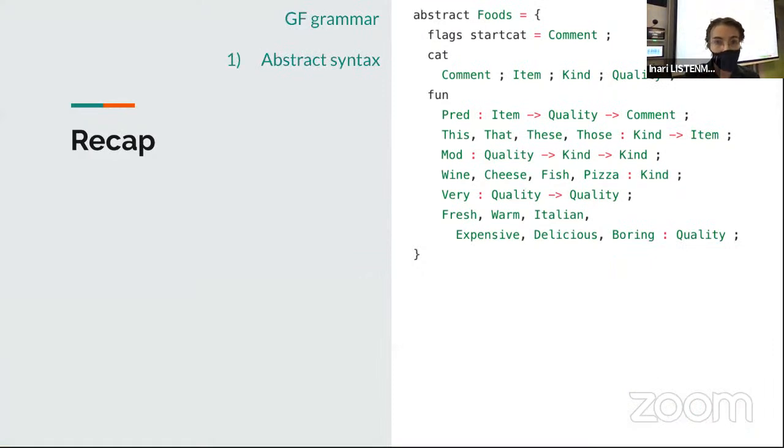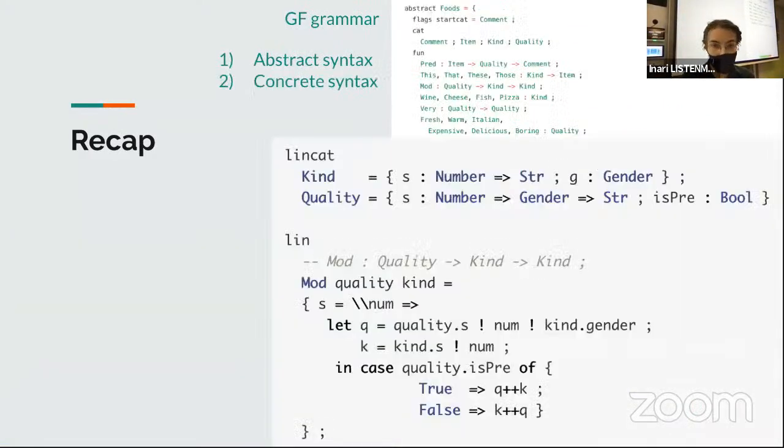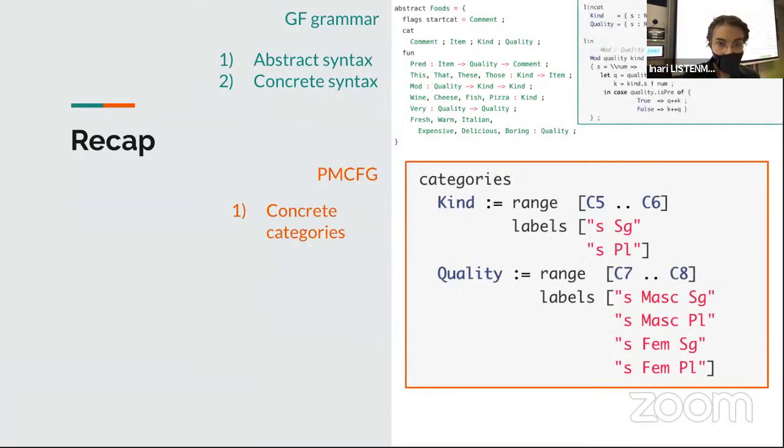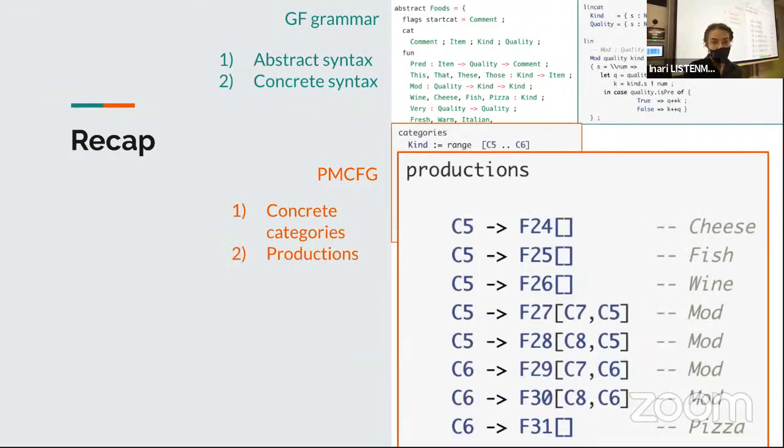So a GF grammar has an abstract syntax, then a concrete syntax, and now the categories flatten to concrete categories. The functions become productions, which look just like context-free grammars, except that the right-hand side may contain functions.